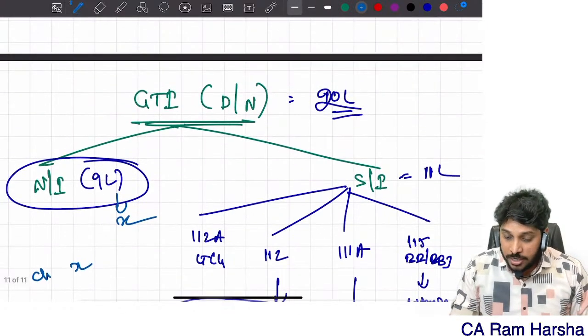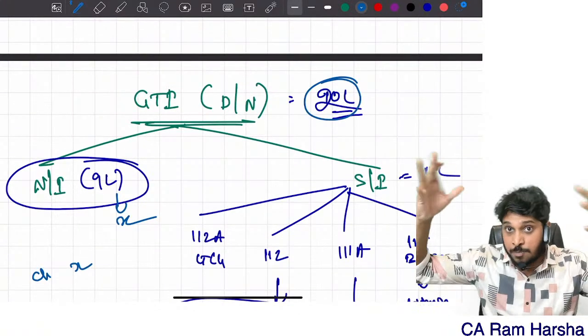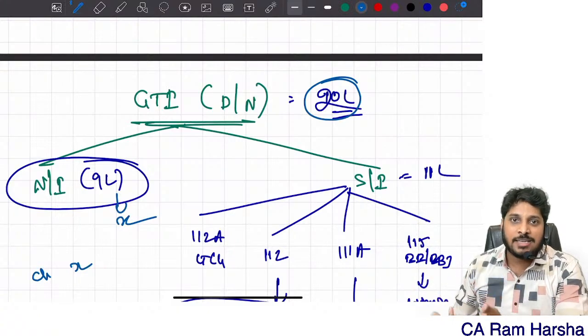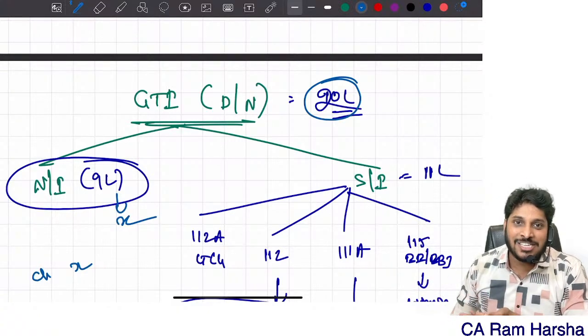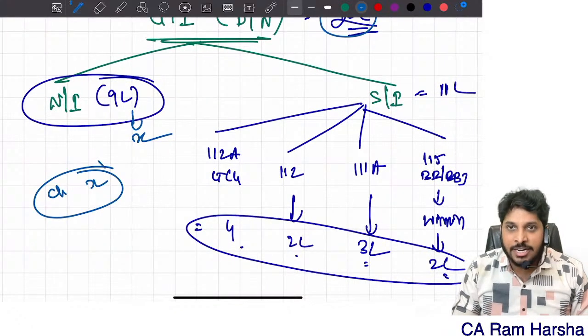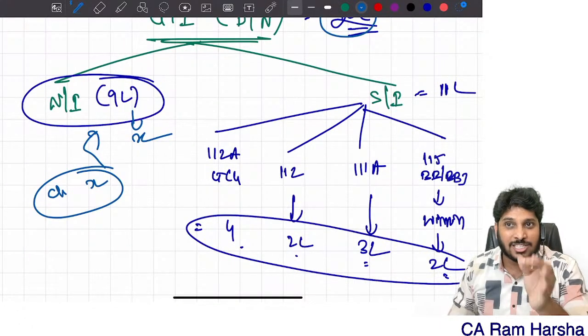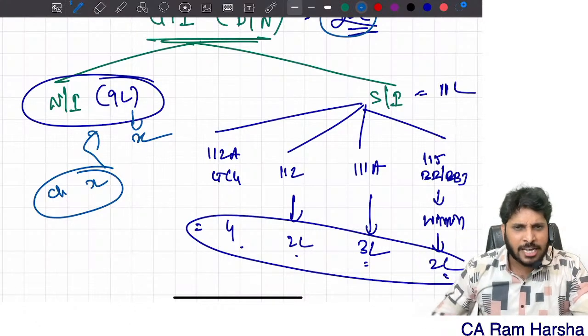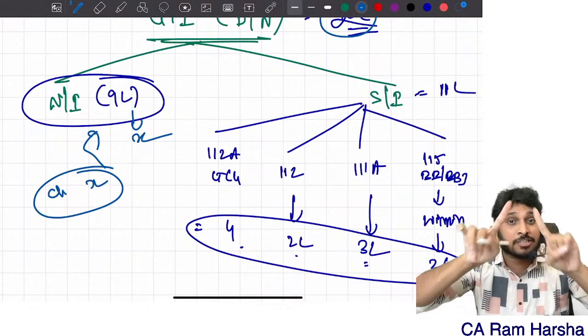Since gross total income is a bigger amount, the student will directly reduce chapter 6A. Then total income answer is wrong, tax amount is wrong, AMT is wrong, every answer is wrong. One checkpoint: your chapter 6A deductions cannot exceed normal incomes, whether it is a default tax regime or an optional tax regime. This is the first checkpoint.